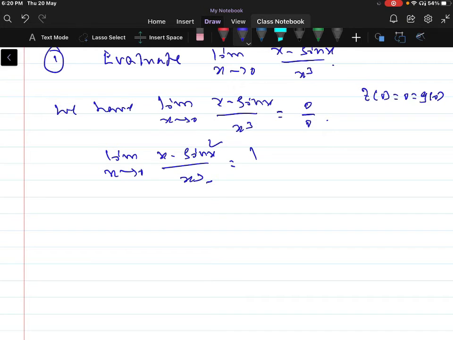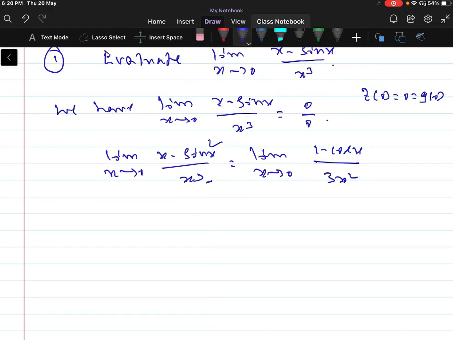Using the stronger form of L'Hopital's rule, as x approaches 0, differentiating x minus sin x gives 1 minus cos x, and differentiating x cube gives 3x square.